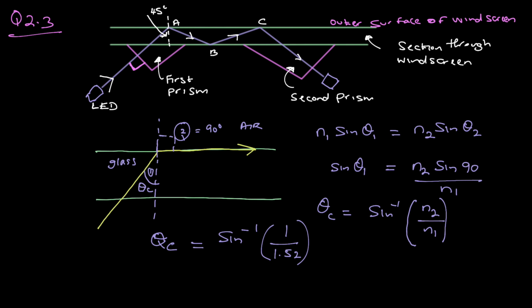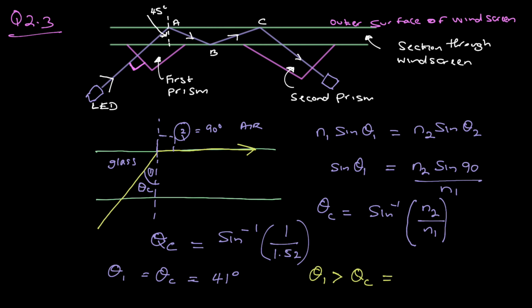And if we plug that into the calculator, we get theta critical, which is theta 1, and that equals 41 degrees. The angle that we have is 45, so theta 1 is greater than the critical angle.